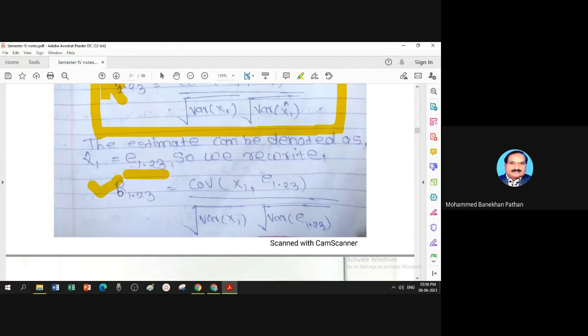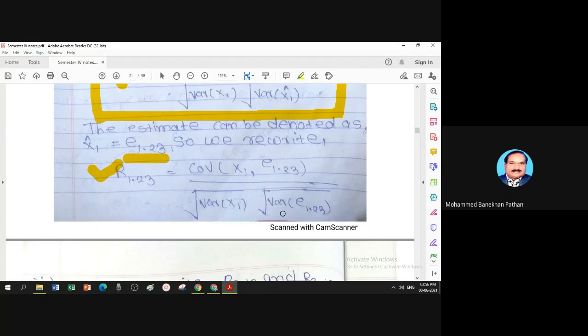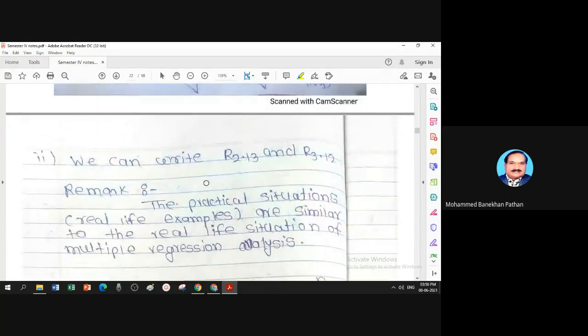It should not be small r, it is capital R. Capital R1.23 equals covariance of x1 comma E1.23 divided by the corresponding roots of variances. We can write R2.13 and R3.12 similarly as a definition.